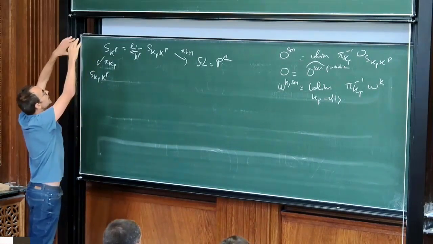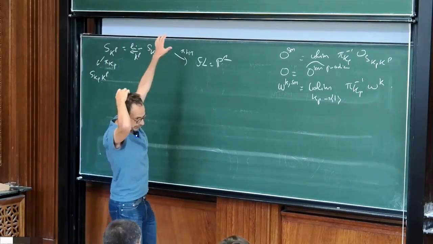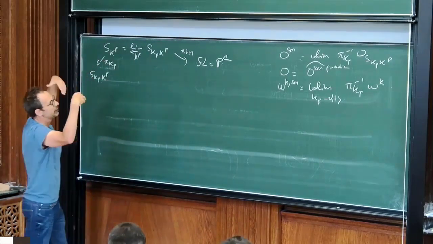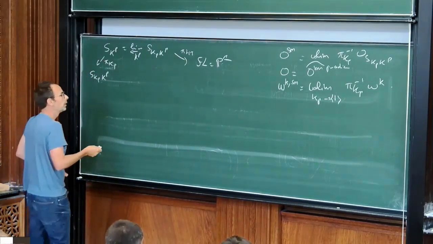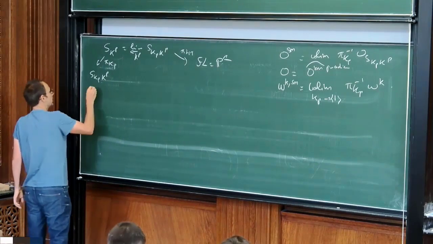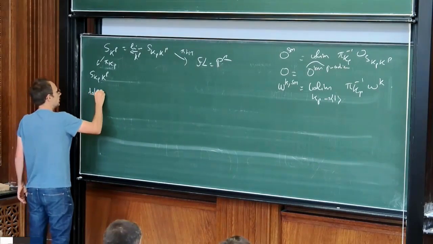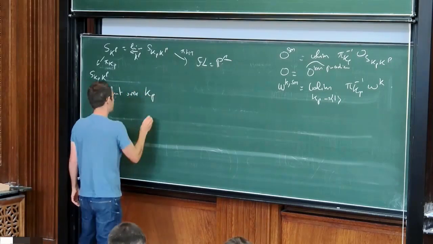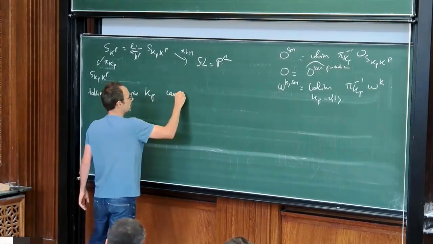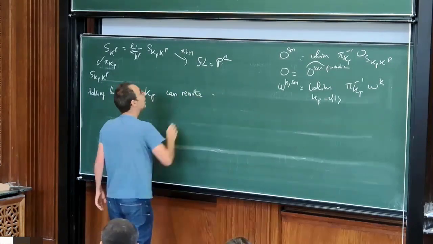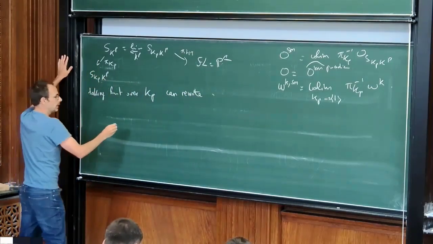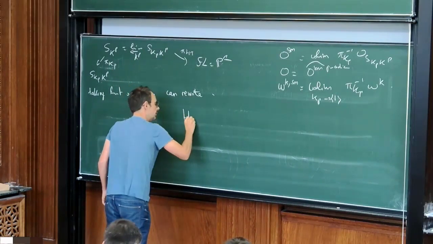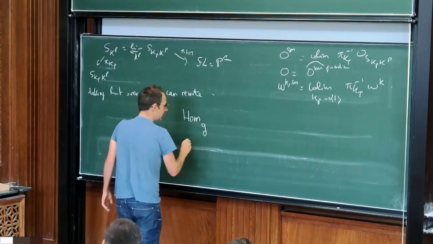So now this sequence of Faltings, we can rewrite it by passing to the limit over K_p in the following form.